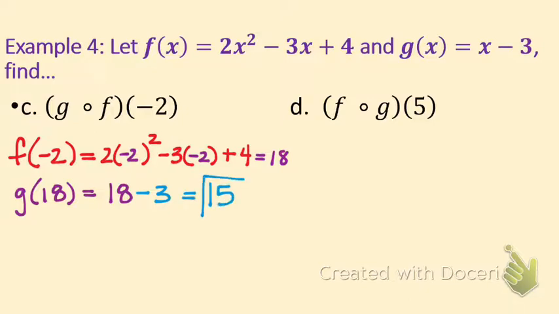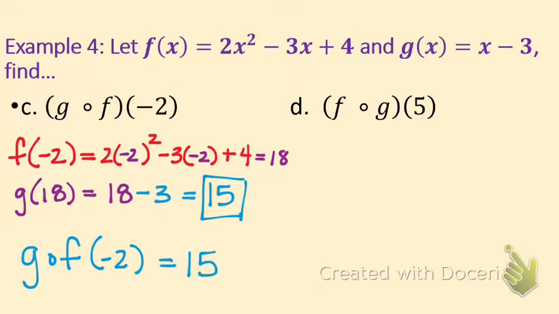That is your final answer. See if you can do part D by yourself. So G of F of negative 2 equals 15. That's your final answer.